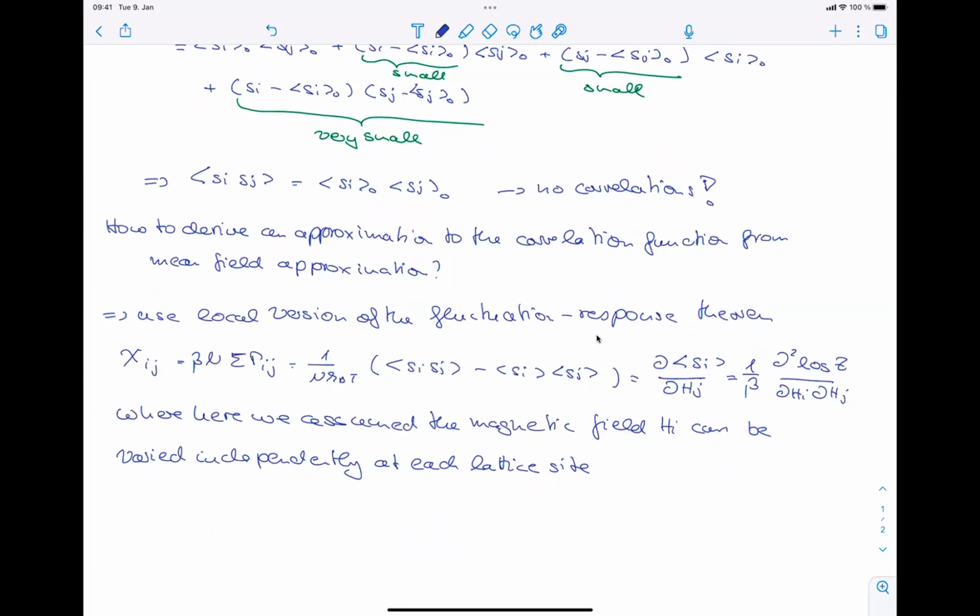Okay, so now we're going to do a mean field equation with this local applied field.